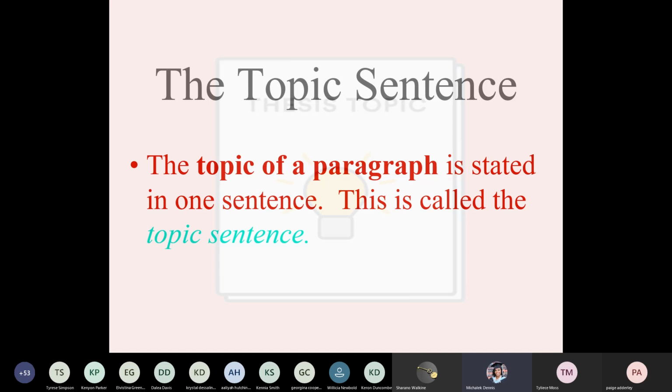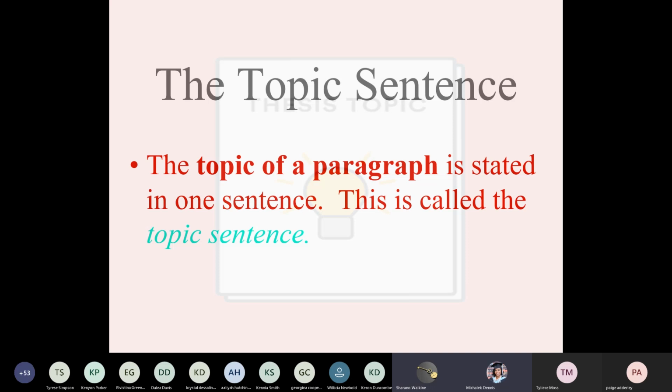Am I correct, Mr. Joaquin? You're absolutely correct. That should be the first thing you read, and you know in your mind, okay, I know what this paragraph is going to be about. But if you do not have a good topic sentence, it's going to cause a problem for you.